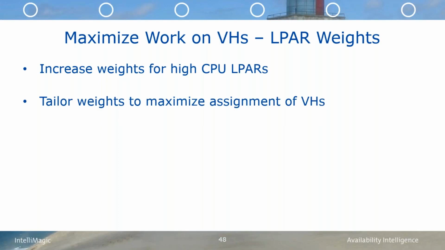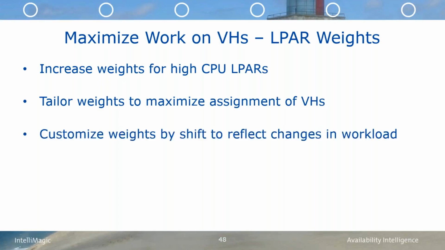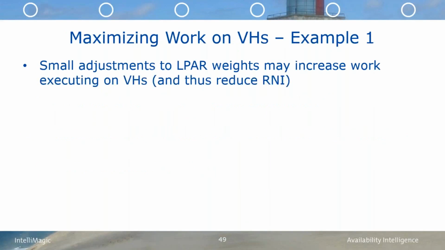And we'll see an example of this on a coming slide as well. If the characteristics of the workload on your LPARs change between shifts, automating LPAR weight changes corresponding to those shifts may be another way to increase the workload executing on vertical highs. And finally, fewer larger LPARs may be a configuration option you can exploit to increase the amount of work executing on vertical highs.